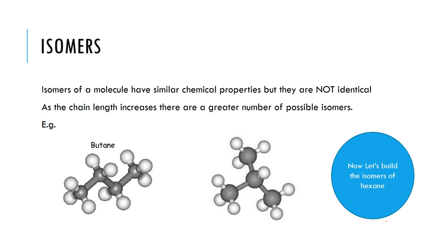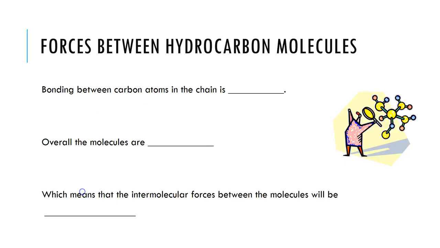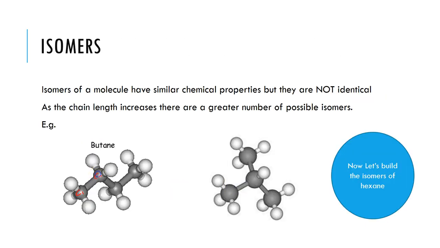If we look at butane here, I've got carbon 1, carbon 2, carbon 3, and carbon 4, all with the hydrogens coming off them. And this is what we call a straight chain isomer.